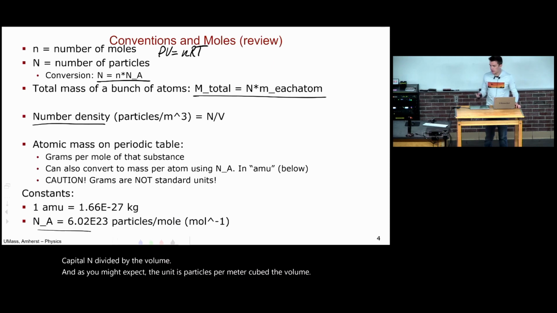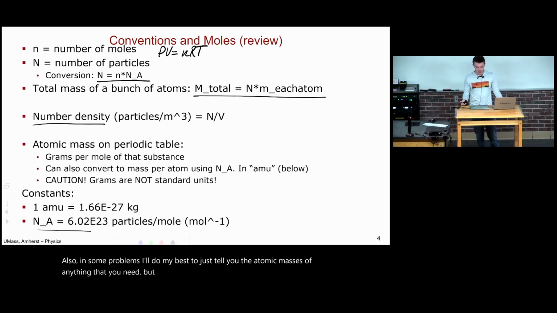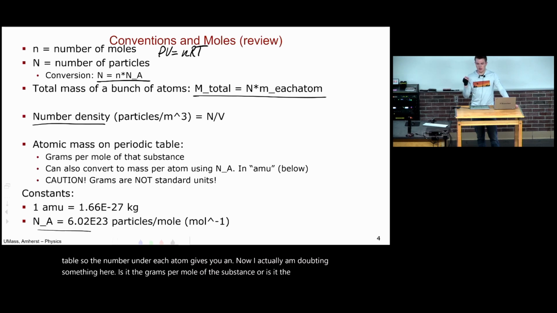Also, in some problems, I'll do my best to just tell you the atomic masses of anything that you need, but sometimes you might need to look at the periodic table. So the number under each atom gives you, I actually am doubting something here. Is it the grams per mole of the substance, or is it the atomic mass unit weight, or are they the same thing?